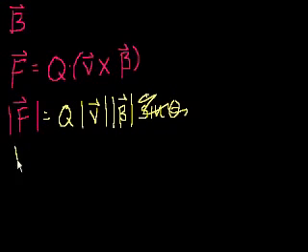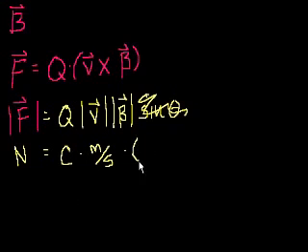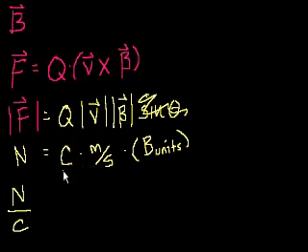So force is newtons. So we could say newtons equals, charge is coulombs, velocity is meters per second, and then this is times the, I don't know what we'll call this, the B units. We could call them unit sub B. So let's see, if we divide both sides by coulombs and meters per second, we get newtons per coulomb. And then if we divide by meters per second, that's the same thing as multiplying by seconds per meter.